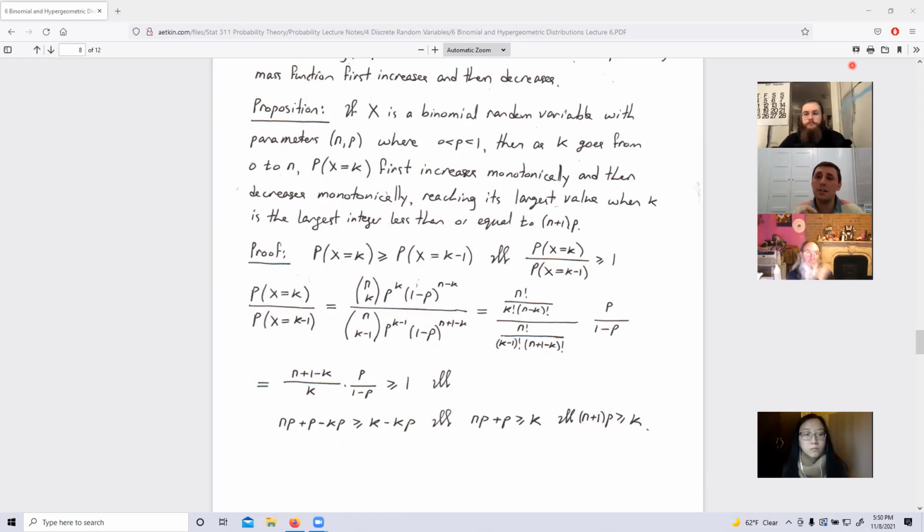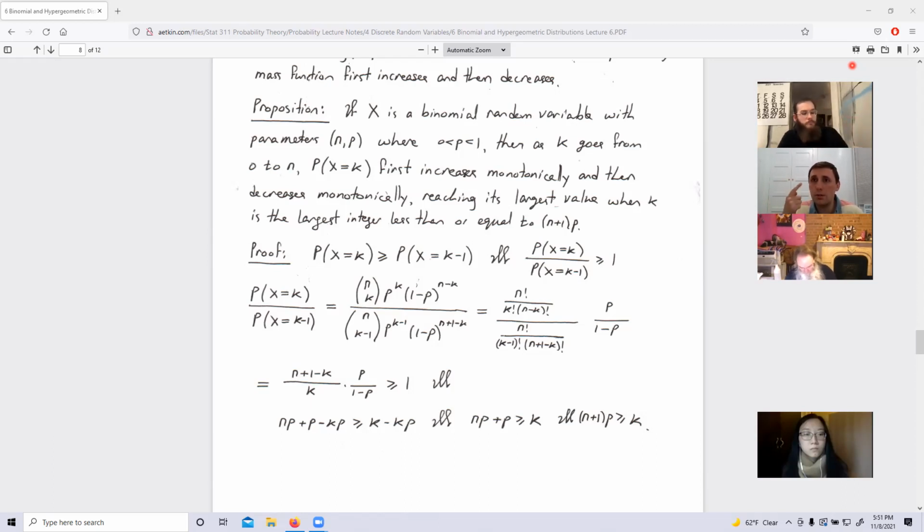For instance, 1 is smaller than 5.5, which means having 1 success has bigger probability than having 0 successes. 2 is smaller than 5.5, which means having 2 successes is bigger than having 1 success. The probability is bigger.